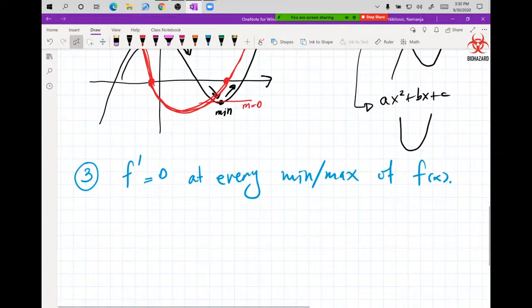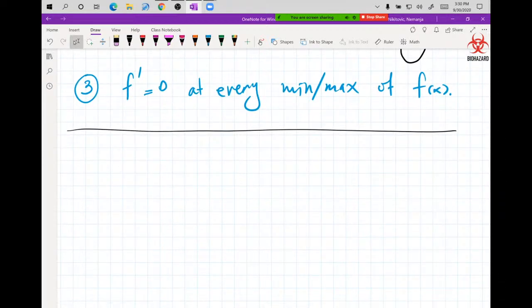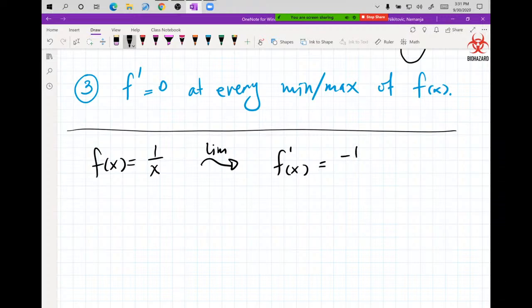And one more point. So last class, I also said, what if f of x is equal to 1 over x? And then over here you do the limit procedure, and it will spit out f prime of x is equal to negative 1 over x squared.